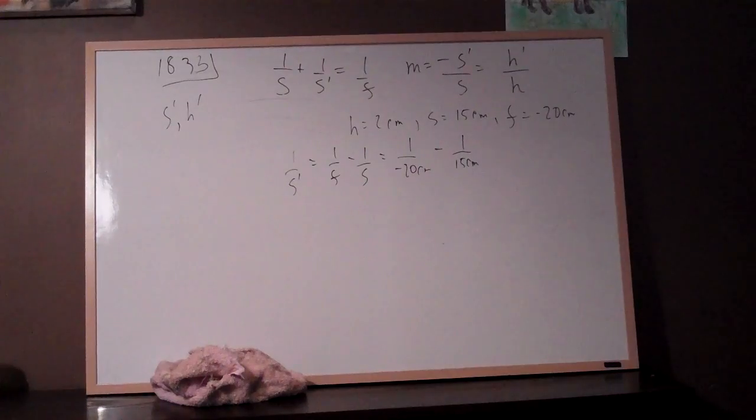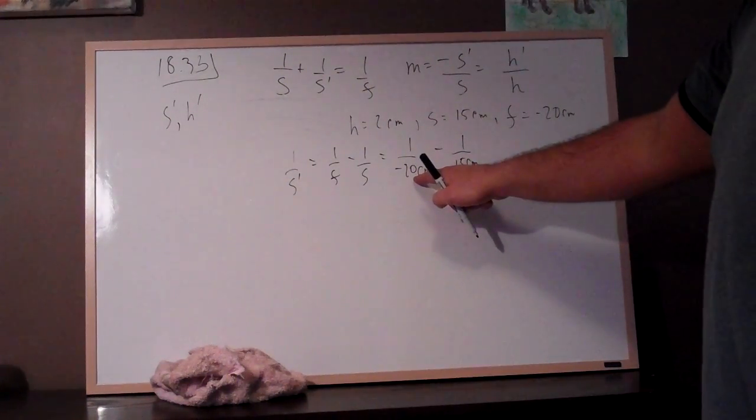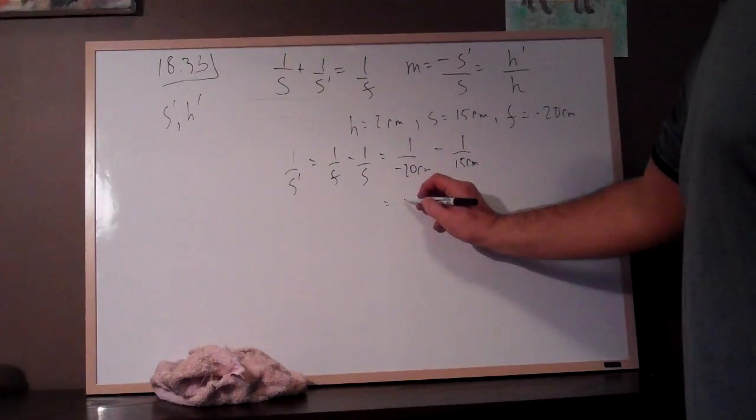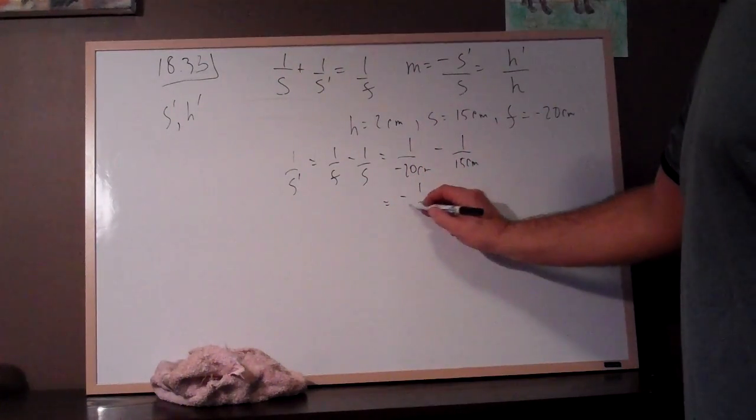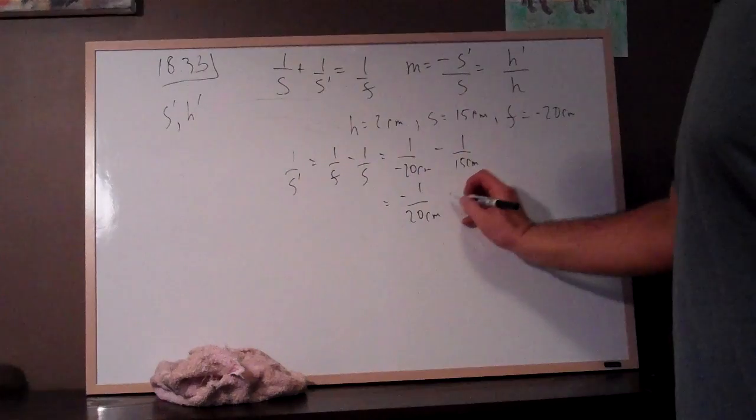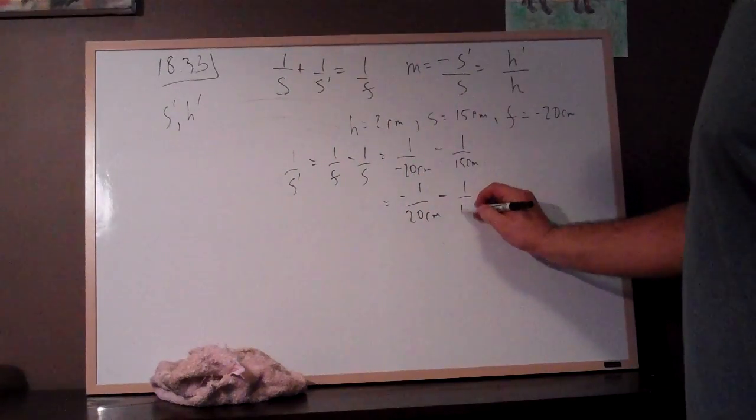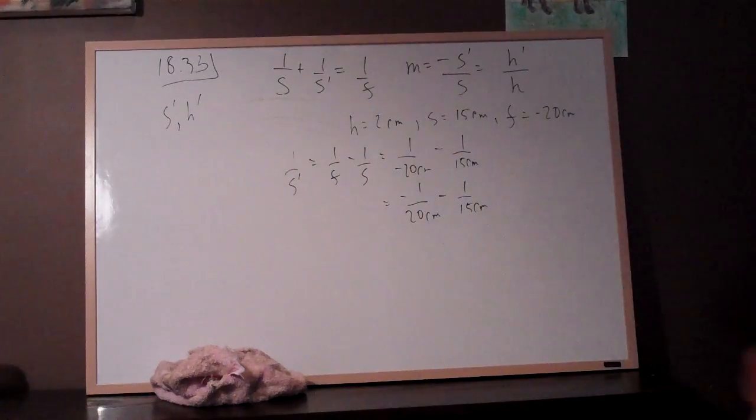Really it's minus 20 here, but you could write it like this if you wanted to. Put it right out in front. Minus 1 over 20 centimeters. That's the same exact thing. Minus 1 over 15 centimeters.